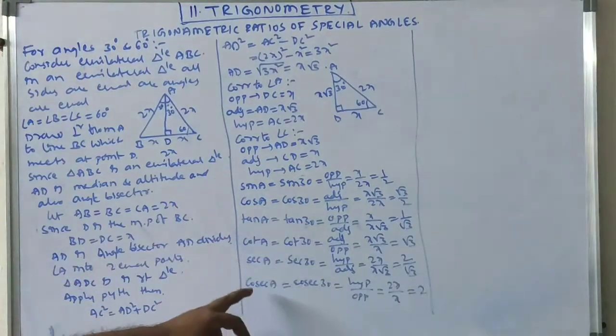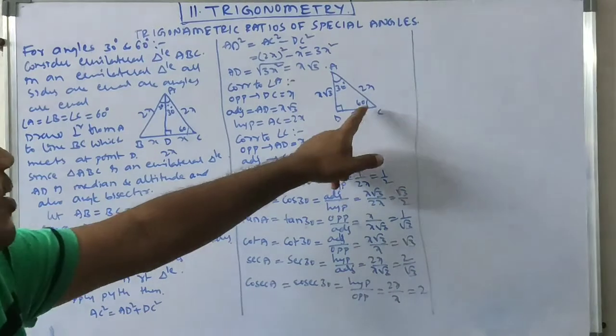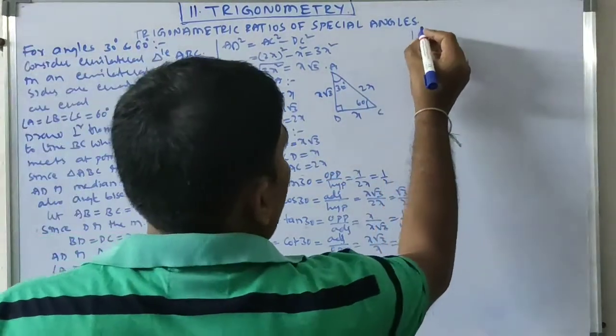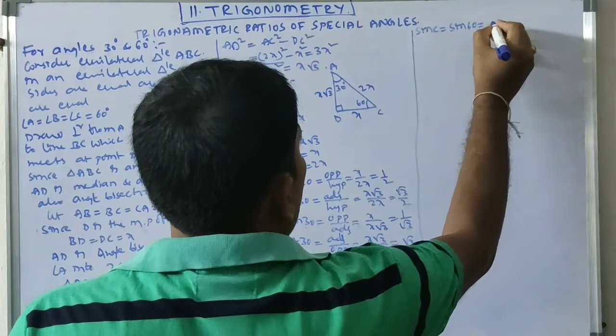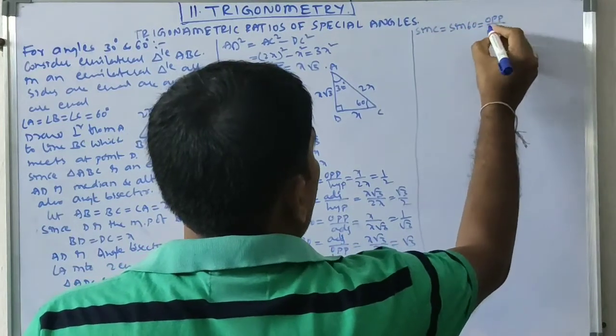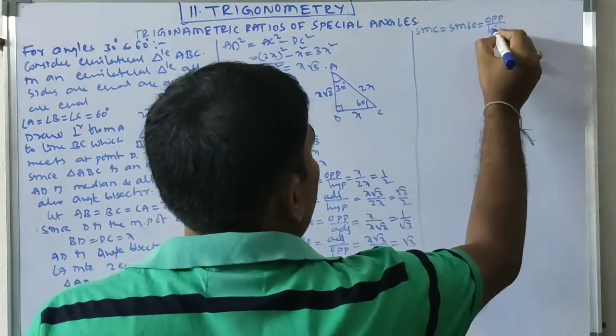Next, that was corresponding to angle A, 30 degrees. Now corresponding to angle C, 60 degrees. So sin C, sin 60. Sin is opposite by hypotenuse.